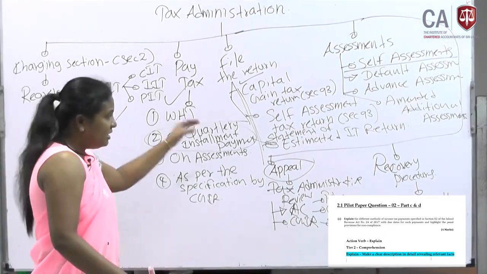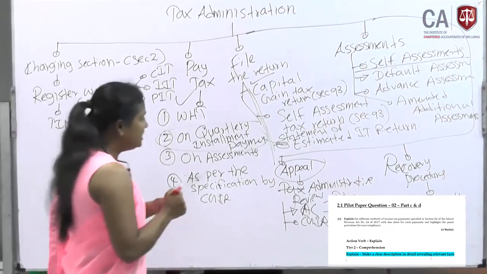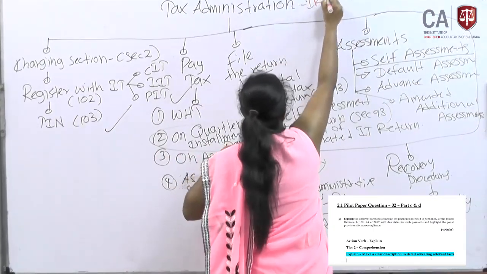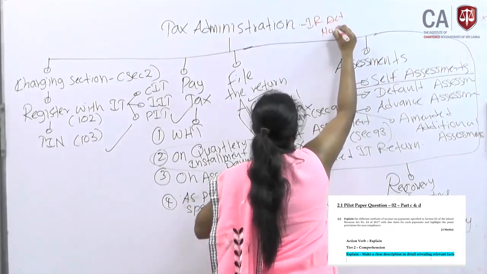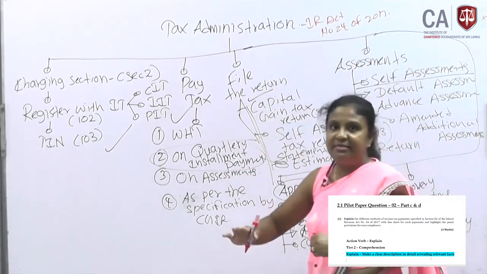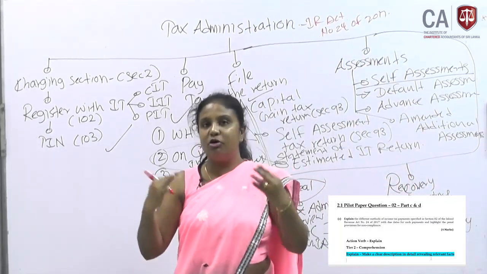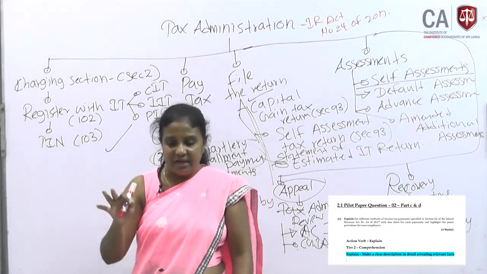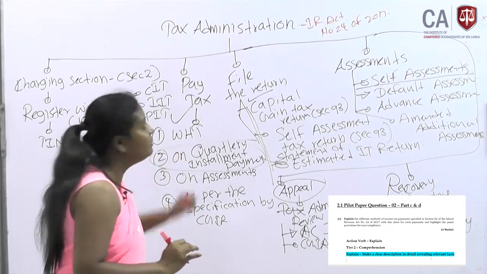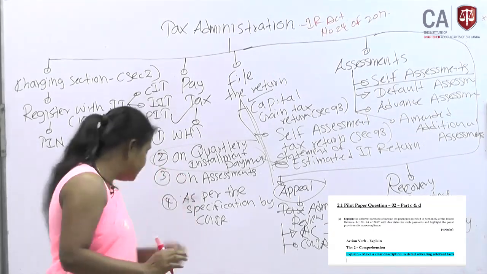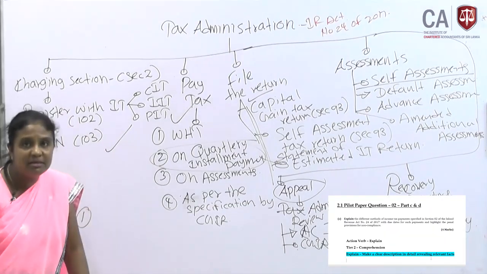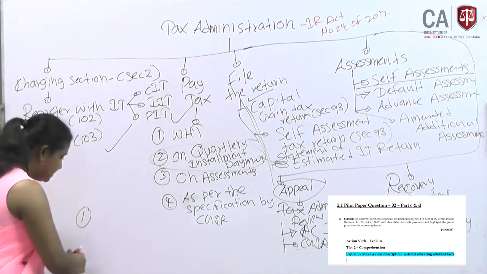This is as per the Inland Revenue Act number 24 of 2017. Other than that, for the open book reference, there are 2 gazette notifications applicable to the tax administration part. One gazette notification is for the appointment of the authorized representative.